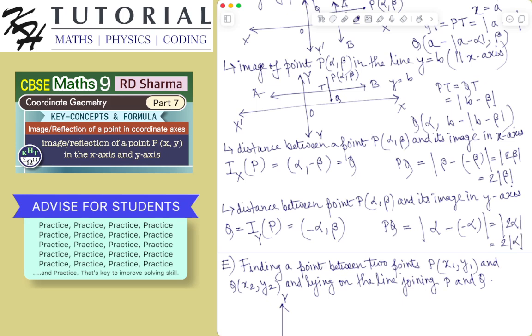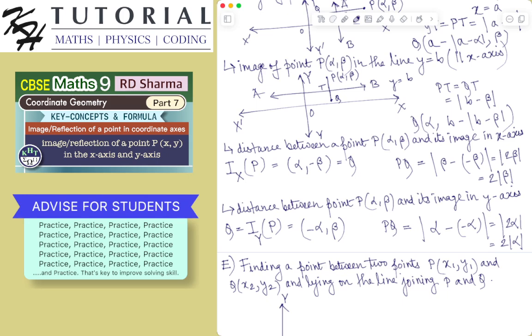Now, why are we having absolute value of alpha? Because alpha and beta could be positive or negative depending on in which quadrant the point P is. But distances are always positive.